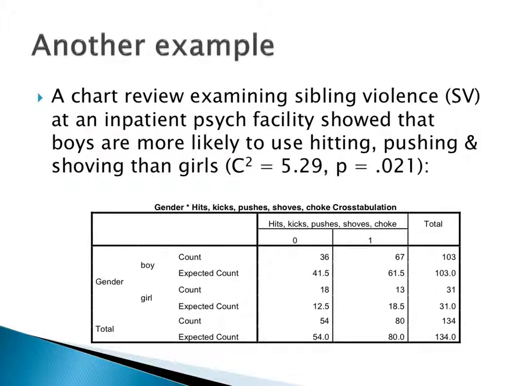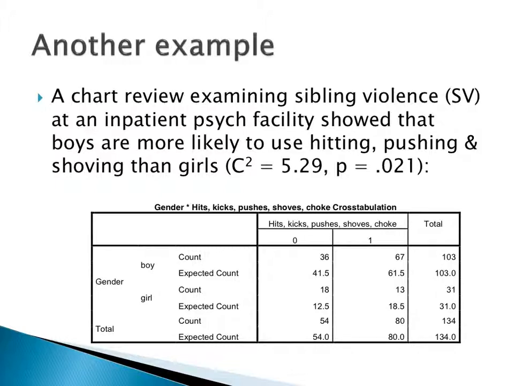Here's another example from my own research with a colleague where we looked at charts from a year's worth of admits to an inpatient psych facility, and we were looking at the presence of sibling violence, so any kind of verbal or physical abuse between siblings.